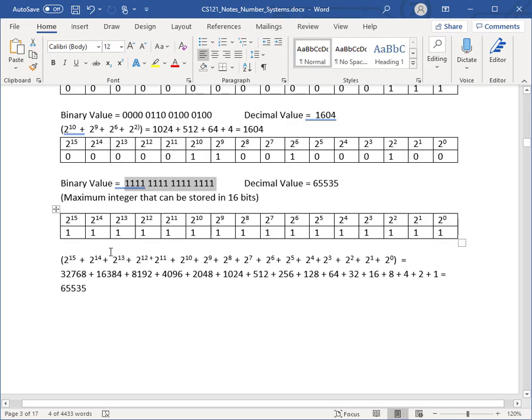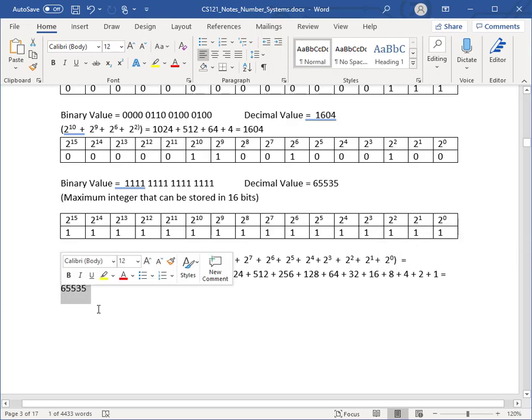In that case, we would have a 1 for every power of 2. So we'd need to add up all of those powers of 2 from 0 to 15. I'm showing that here, all written out in long form down here. If you multiply those out, essentially we're just adding up all the decimal values in the table, and it all adds up to 65,535.